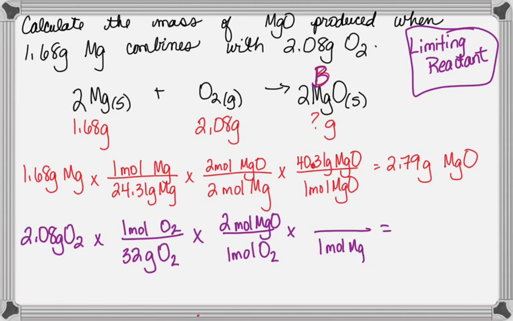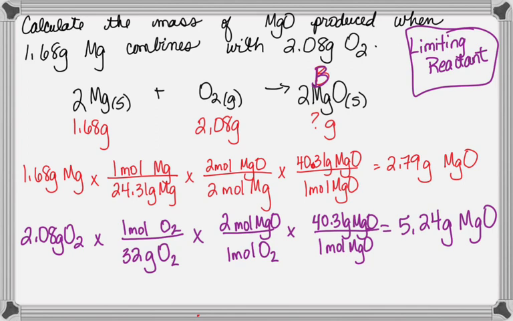And then you said a mole of magnesium oxide is 40.31 grams of magnesium oxide. And this time I got 5.24 grams of magnesium oxide.